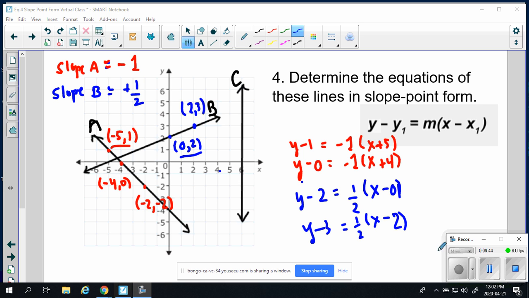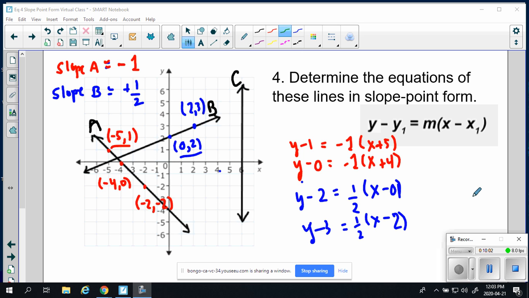for slope point form. For line C, because the slope is undefined, we cannot find a value for m, and we cannot write it in slope point form. That is impossible. However, you can write an equation for this line.